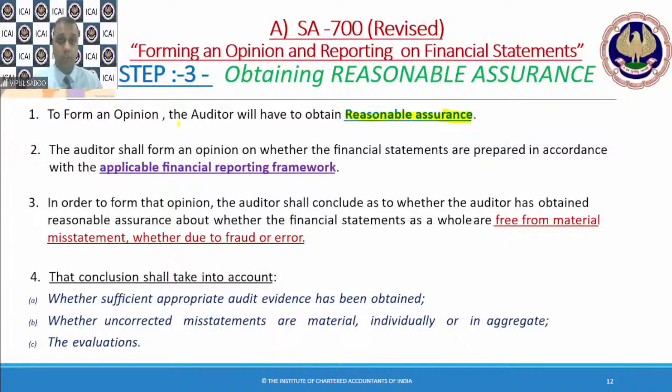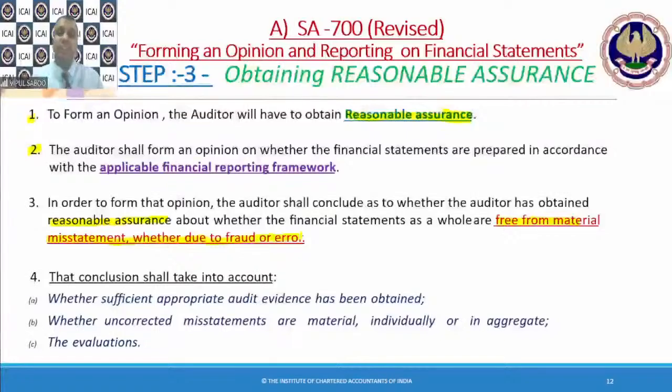So the auditor should, as step 2, obtain reasonable assurance to find whether financial statements are prepared in accordance with the applicable financial reporting framework, and whether he has obtained reasonable assurance about whether the financial statements are free from material misstatements due to fraud or error.